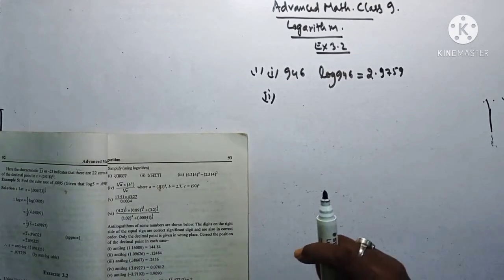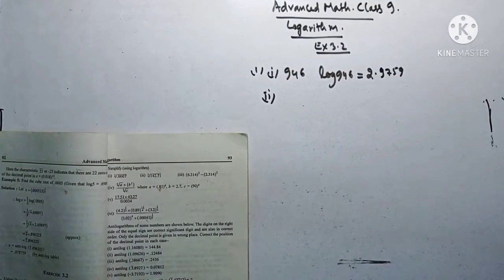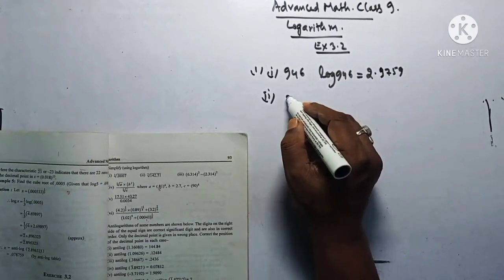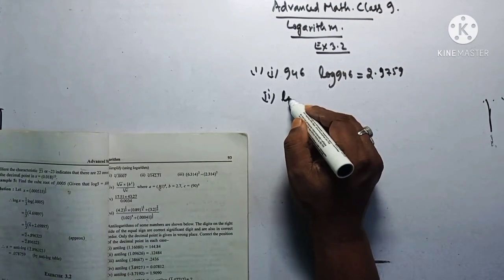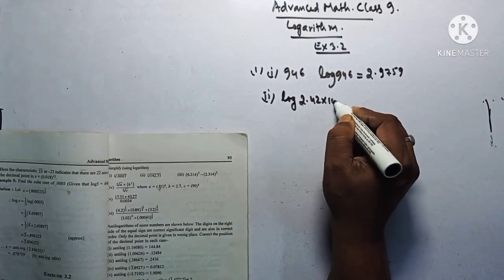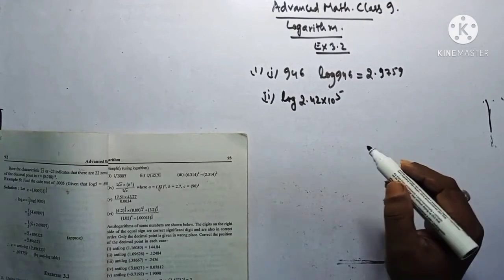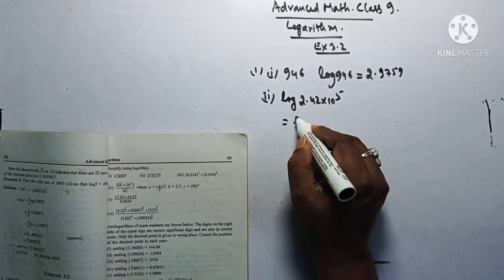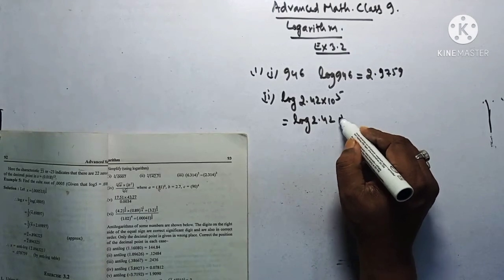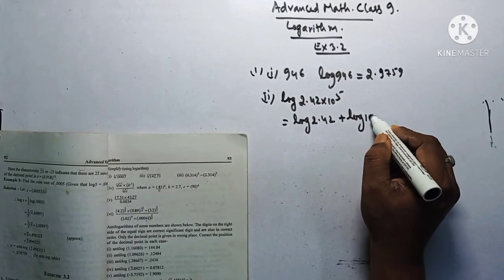So again, let us take question number 2. Now your second question is log of 2.42 into 10 to the power of 5. While solving, this will be equal to log 2.42 plus log 10 to the power of 5.